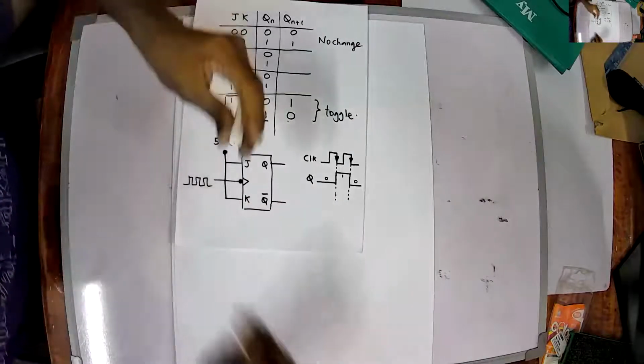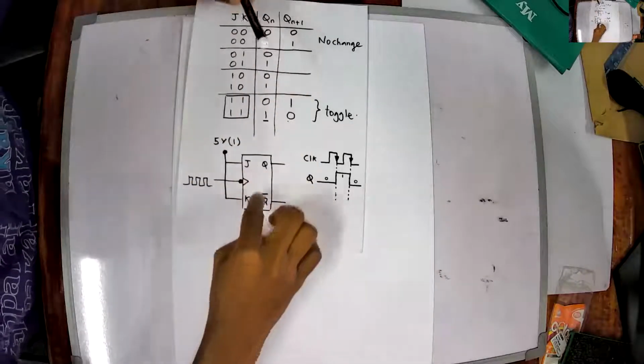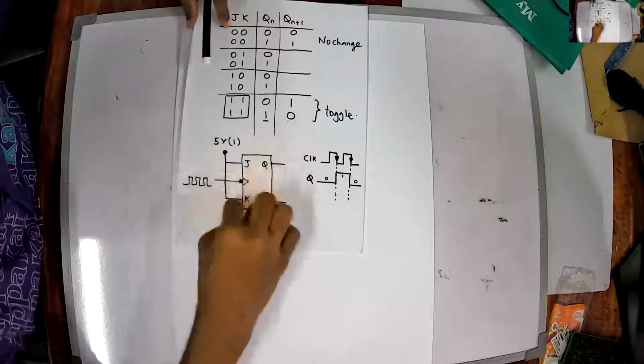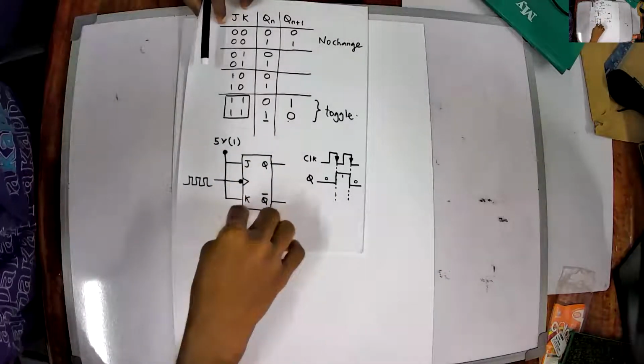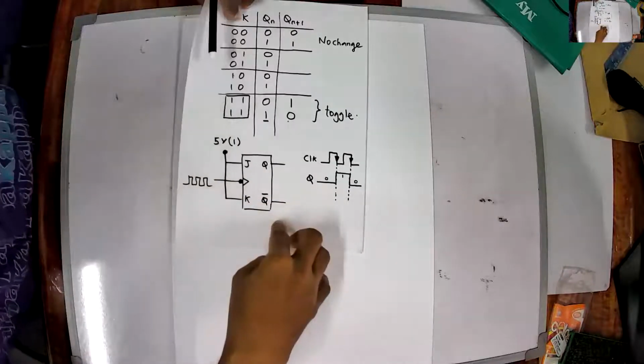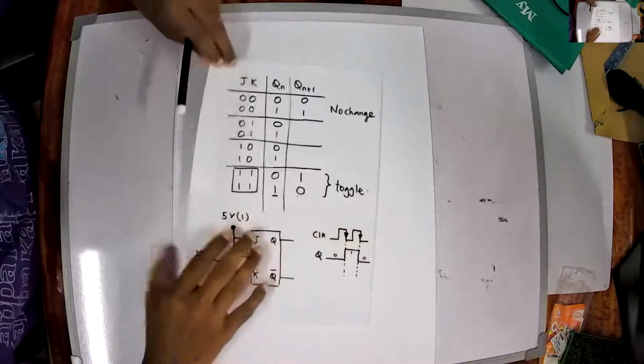Now let's see how we can use this JK flip-flop under 1-1 biasing, that is J equals 1 and K equals 1, as a counter. Let's consider a circuit. This is the basic idea.